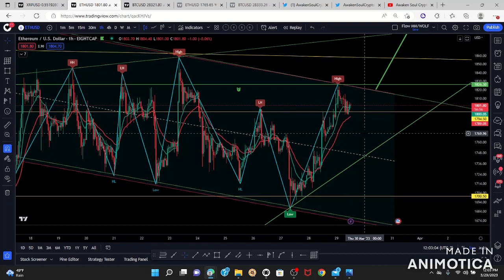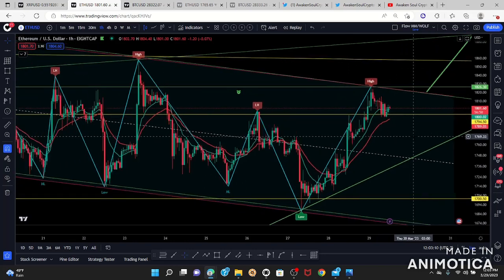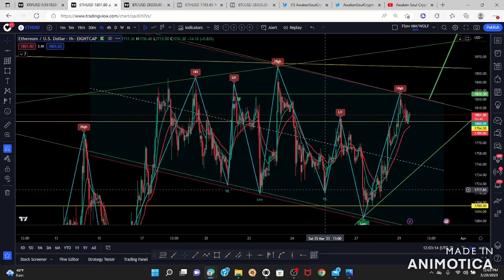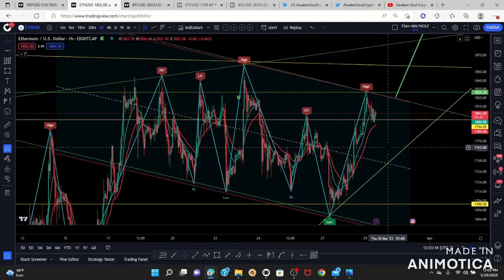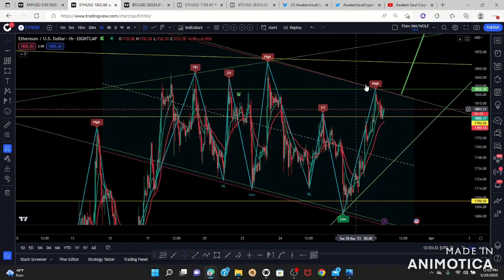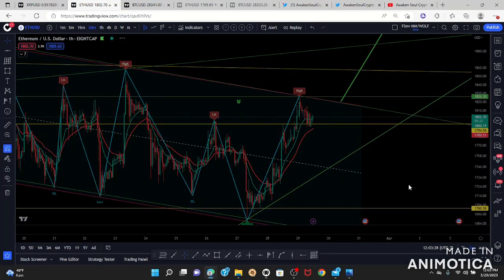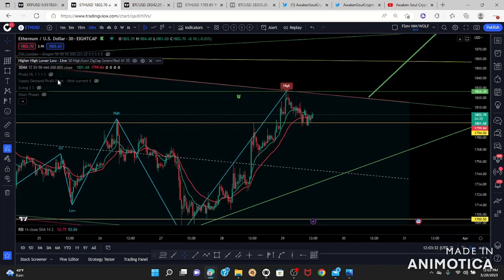So this is my high. We broke the daily high, and now we made a new high here, but technically it's a lower high from our previous high. So that's something you need to consider, because this could still be confirming a lower high. So in my 30 minutes, oh, that's why.